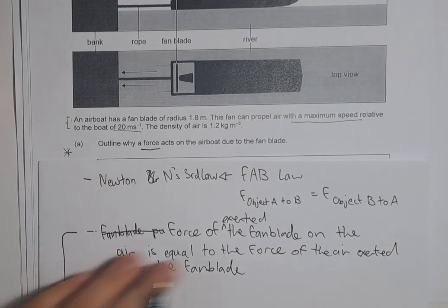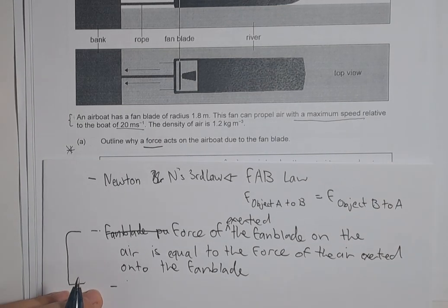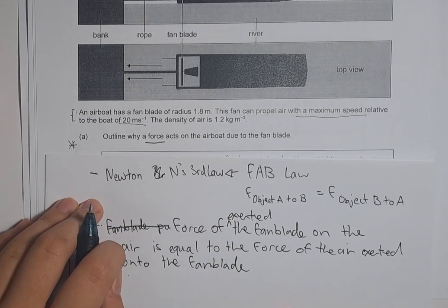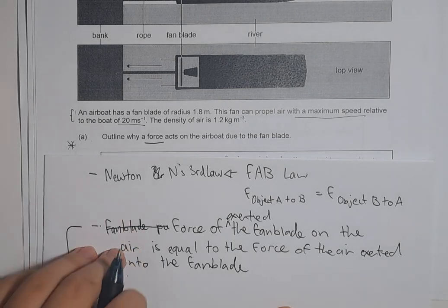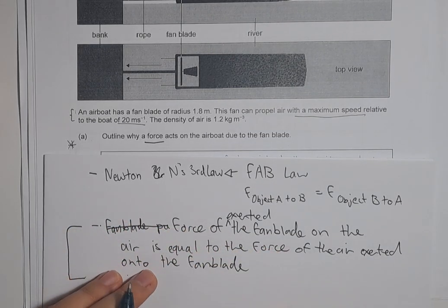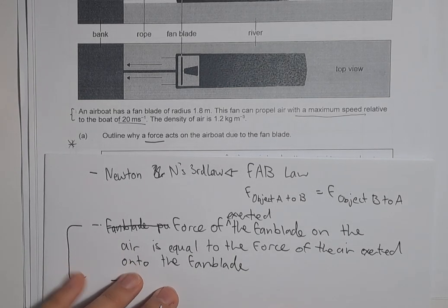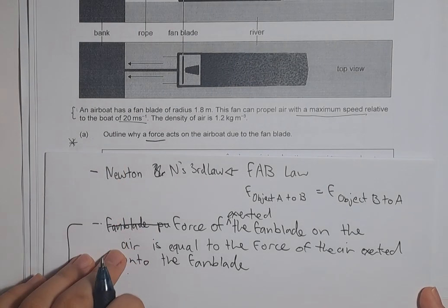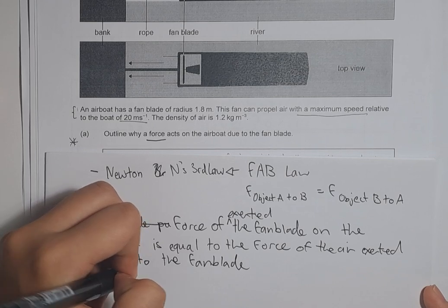And then that's equal. So explain Newton's third law, just identify that, and then put that it's because the force of the fan blade on the air is equal to the force of the air exerted onto the fan blade. And as a result, there's a force acting on the boat.